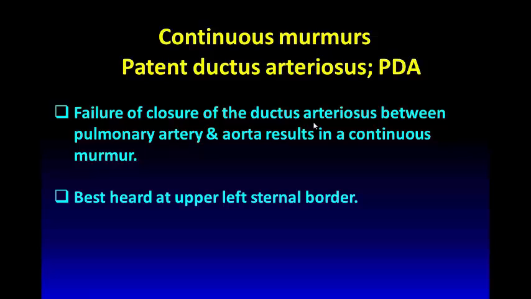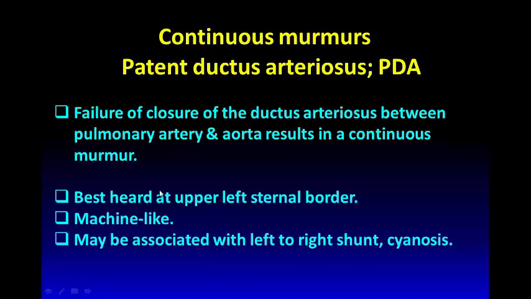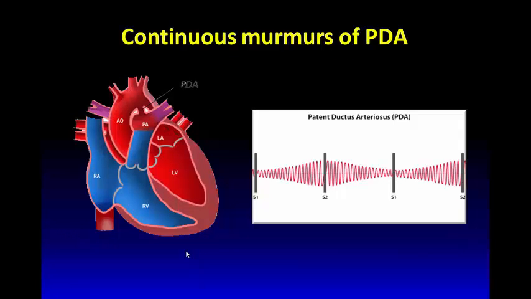continuous murmur, which is heard all the way through systole and diastole, and it is best heard at the upper left sternal border, and its quality is a machinery murmur. It is a machine-like murmur, and cases of patent ductus arteriosus might also be associated with left to right shunt and cyanosis, which is bluish discoloration of the skin and the mucous membrane.